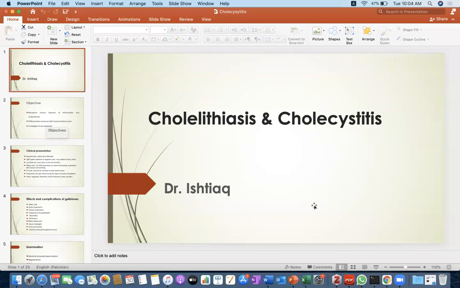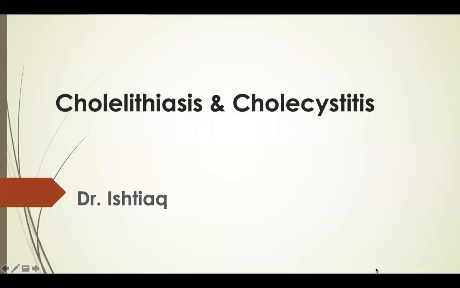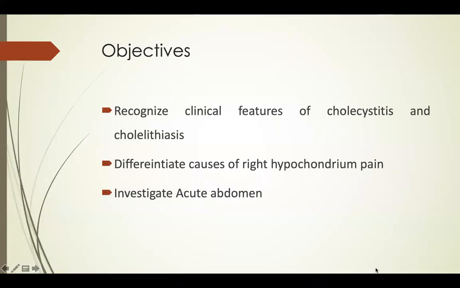Objectives of today's lectures are that at the end of this lecture, you should be able to recognize clinical features of cholecystitis and cholelithiasis, and you should be able to differentiate between causes of right hypochondrial pain, or a differential diagnosis of cholelithiasis and cholecystitis.